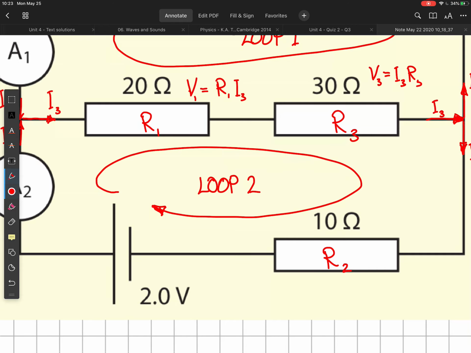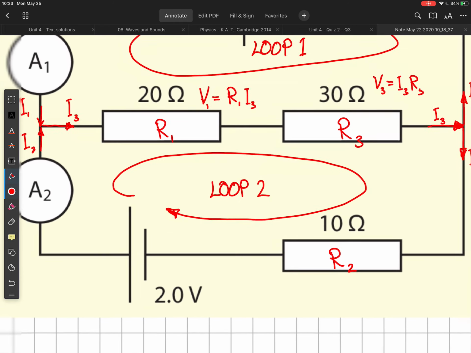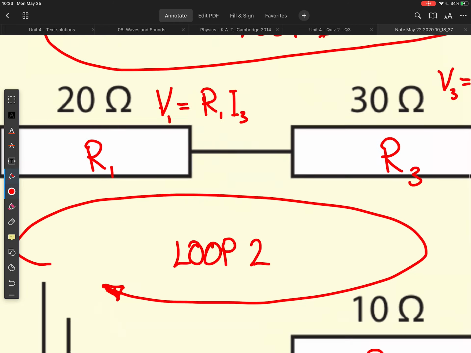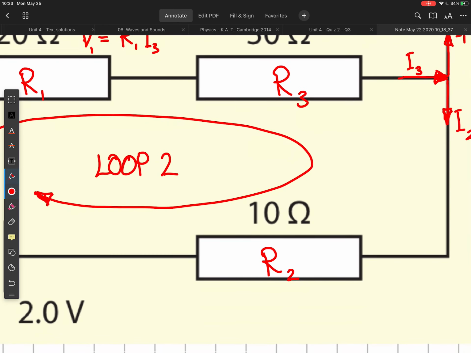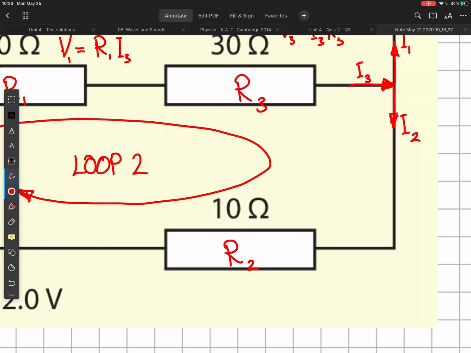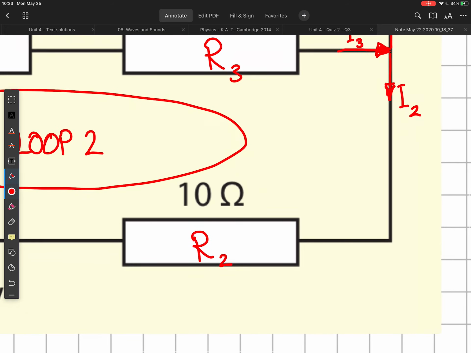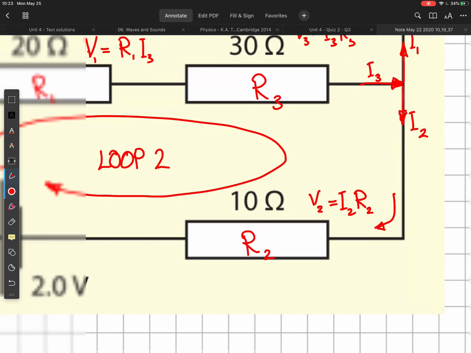And loop number 2 gets a little bit more complicated because in addition to these voltages, which are going to remain the same, we have a voltage that has different current, okay? So in this case, V sub 2 is going to be equal to the current running through this part of the loop, which is, of course, I sub 2, times R sub 2, okay?